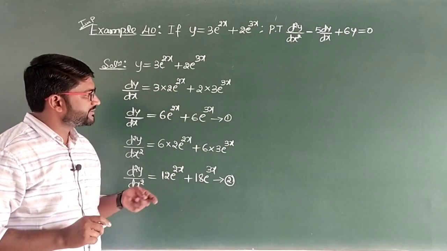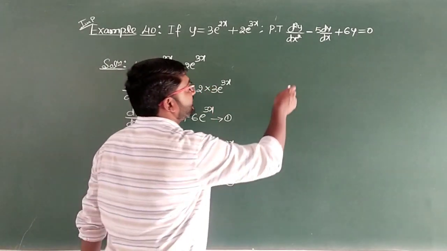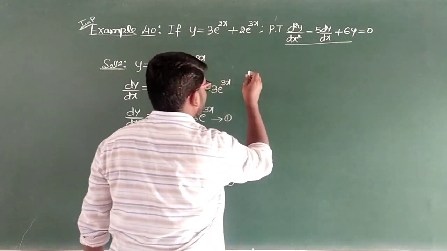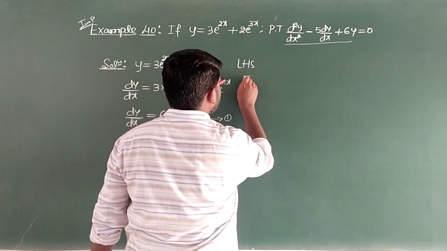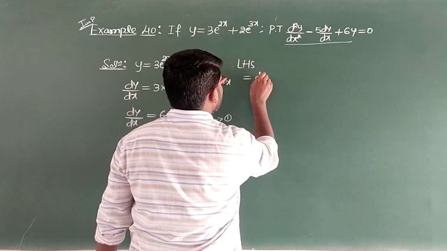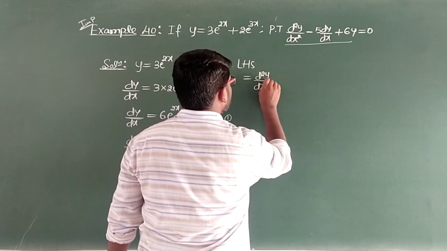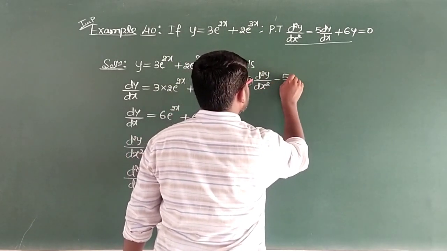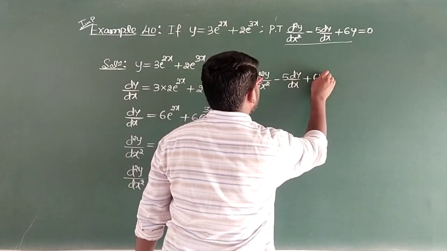Now we will have to substitute equation 1 and equation 2 in the given LHS. So this is going to be the LHS now. So I'll consider the left hand side LHS, which is equals to d square y by dx square minus 5 times dy by dx plus 6y.